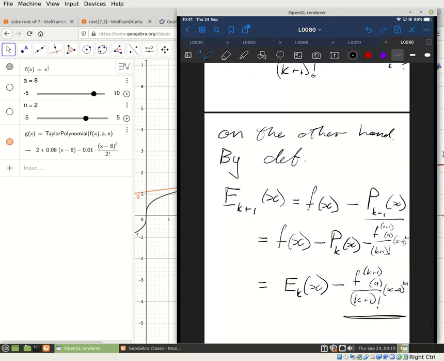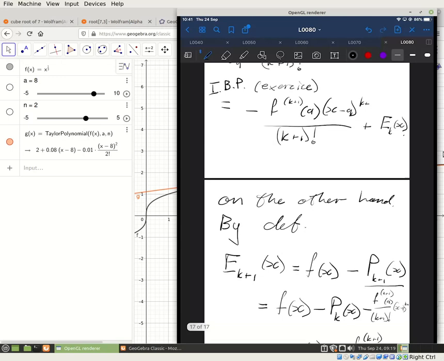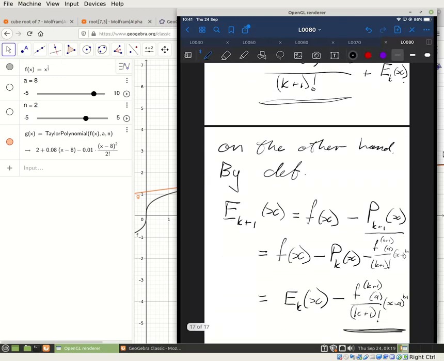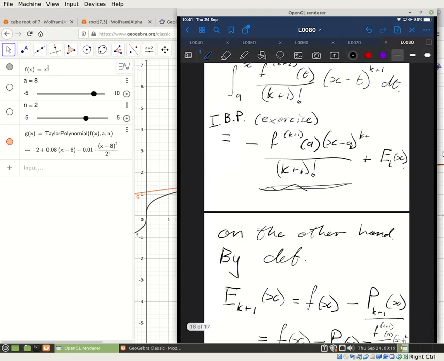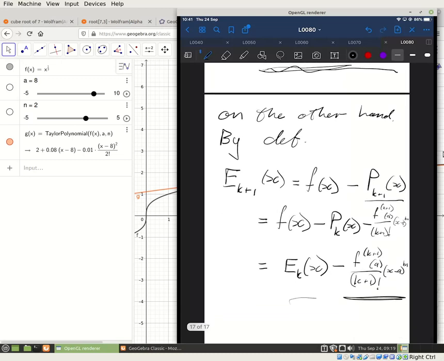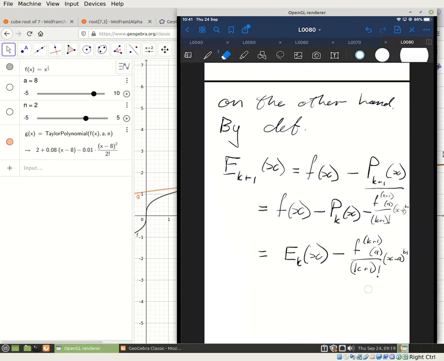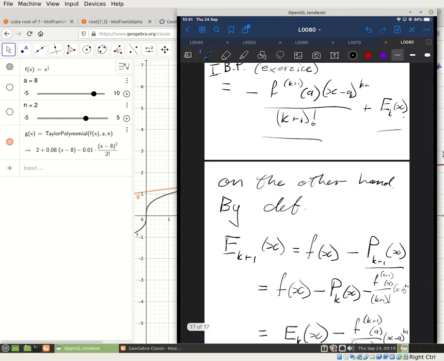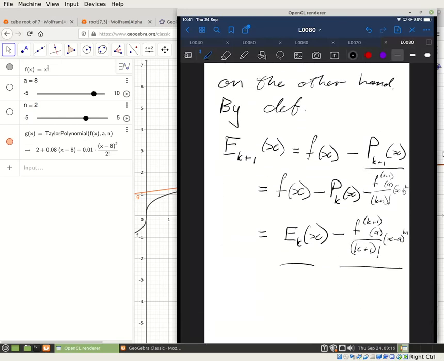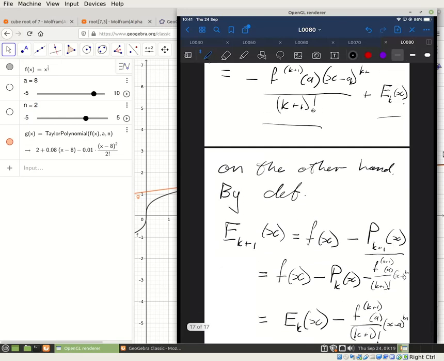And now we see here this expression is the same as that expression. The only difference here is that the two terms are swapped, but we've got this minus there, minus there. So this term same as that, that term same as that. So these two expressions are actually equal.